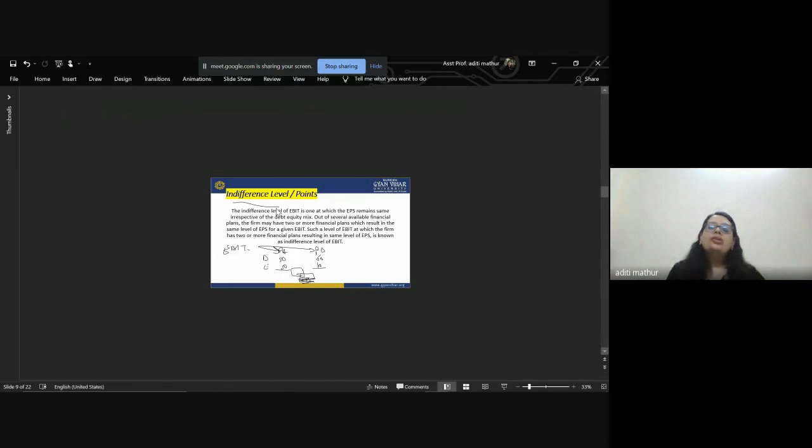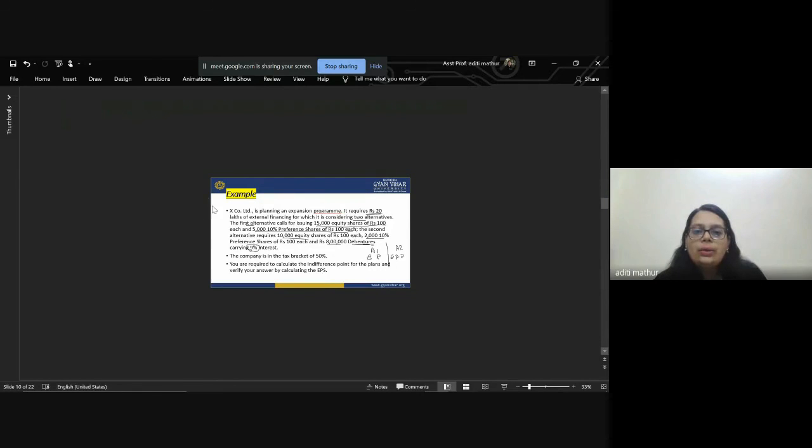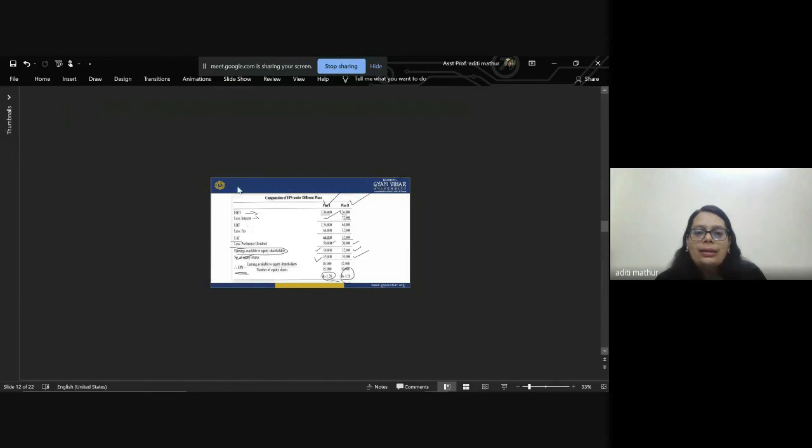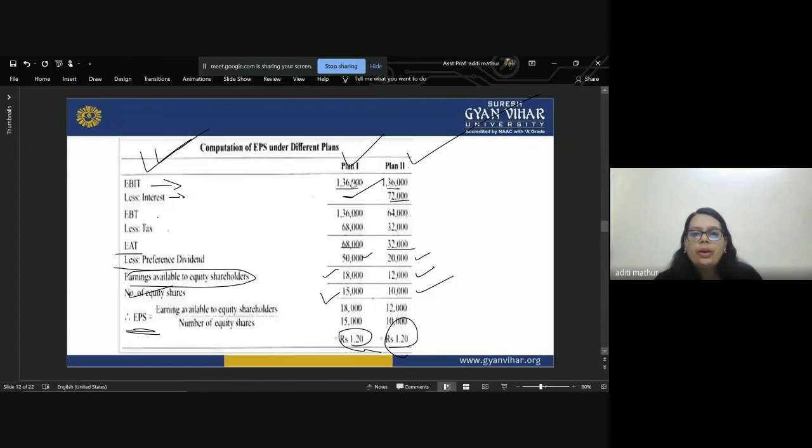We understood it for the case where you have 2 plans, plan 1 and plan 2. And this is how we rechecked our EPS level where your EBIT was 1,36,000 for both the plans and we landed on the same EPS.